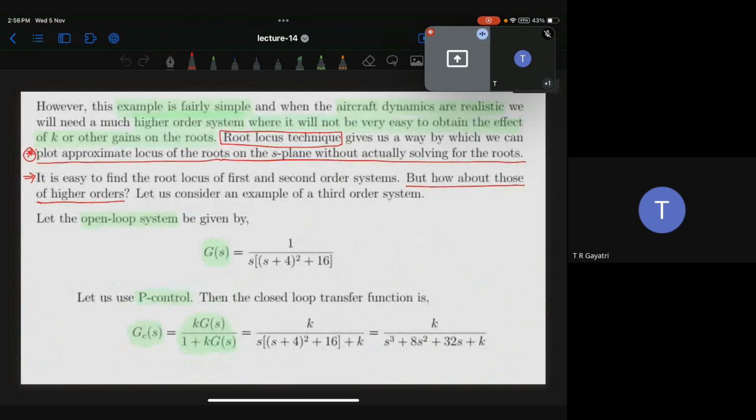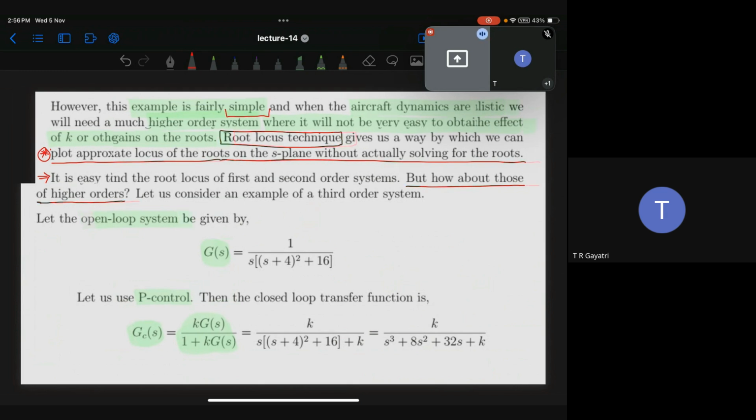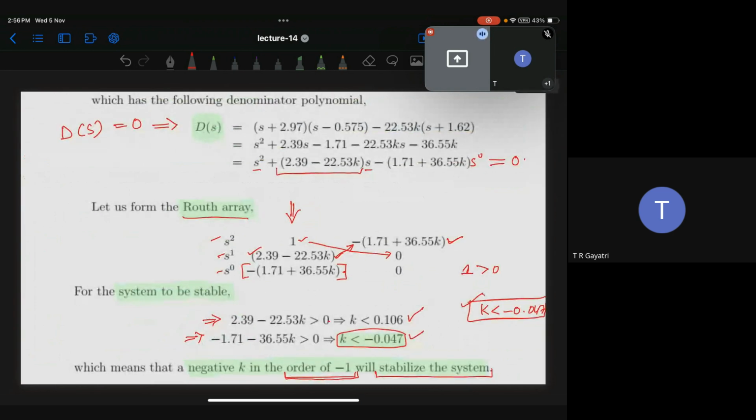This we know already. Here the issue is that this example is very simple, in the sense that the order of this equation is only 2.